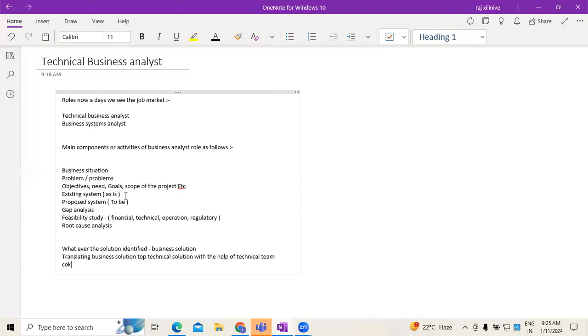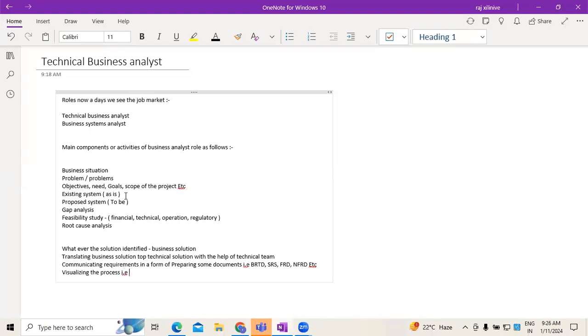Next, communicating requirements in the form of preparing documents like BRD, SRS, functional requirements document, non-functional requirement document, etc. Next, visualizing the process.